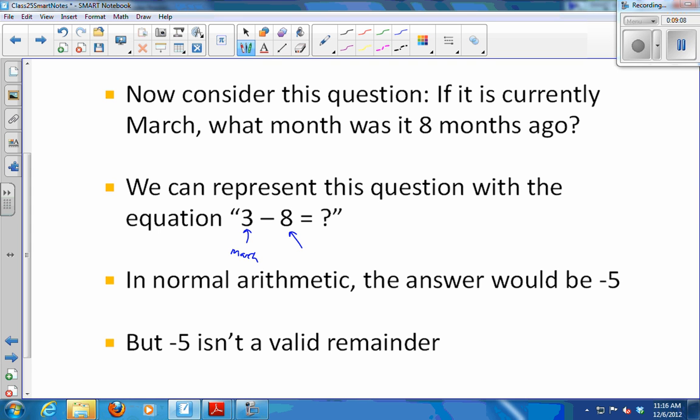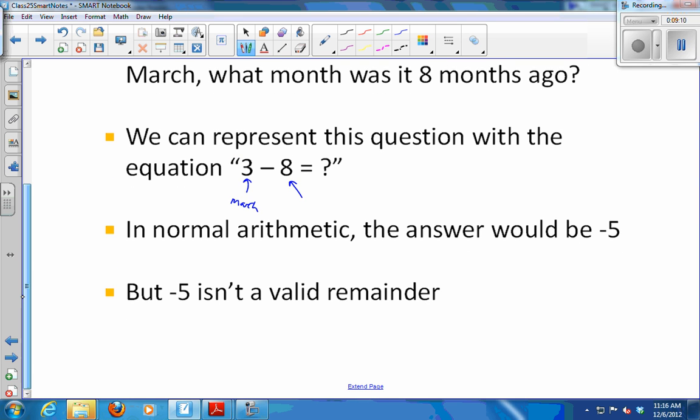So in normal arithmetic, my answer would be -5, right? But -5 isn't one of my possible remainders. I have to come up with a number between 0 and 11, because those are my months. So I have to figure out what month -5 is.